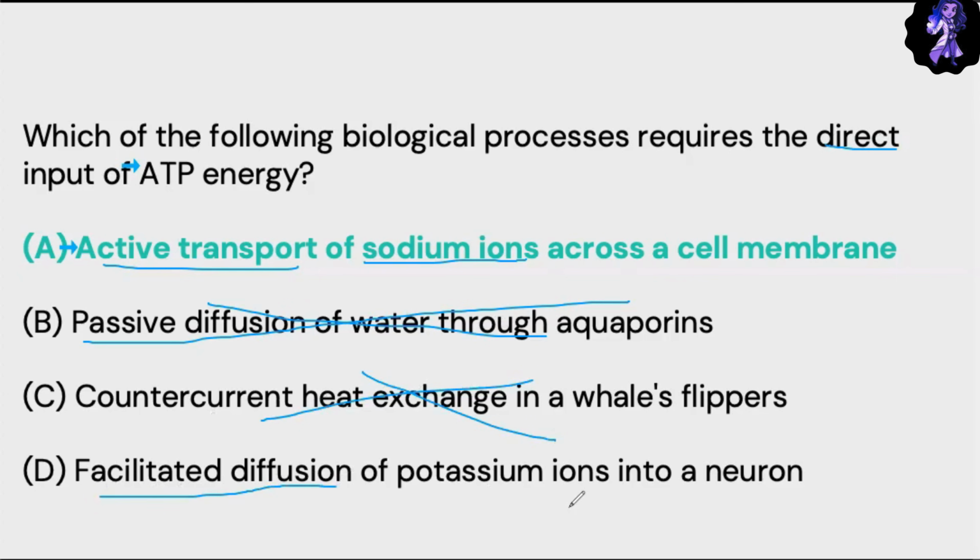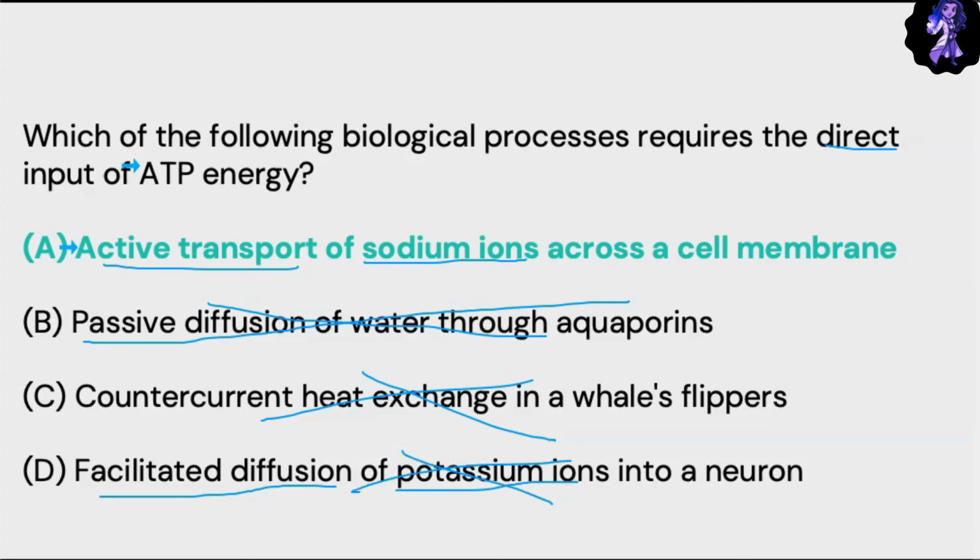Facilitated diffusion, remember, is a type of passive diffusion, which means that it does not require energy. And once again, it is talking about potassium ions, similar to a sodium potassium pump. So yes, you can have sodium and potassium ions passing through essentially a protein, but because it doesn't require ATP and because of the scenario, D is not a favorable answer.